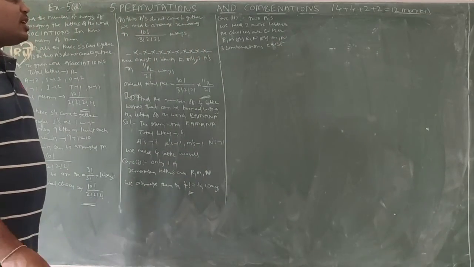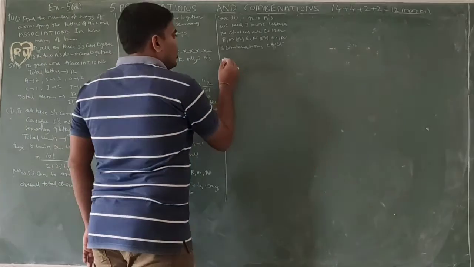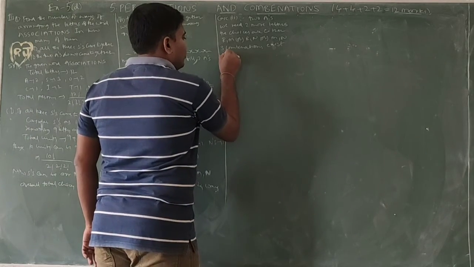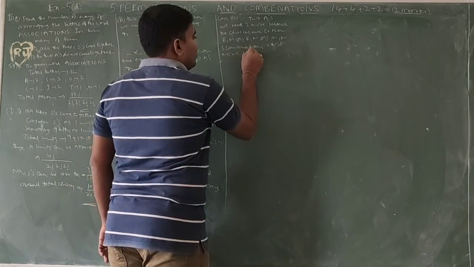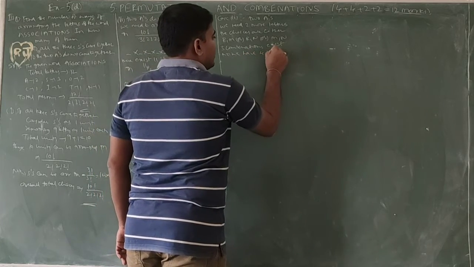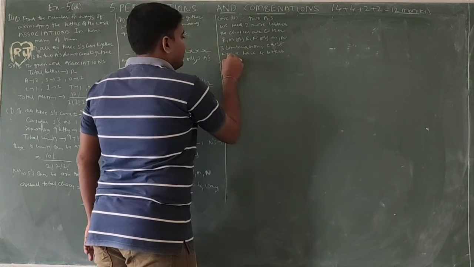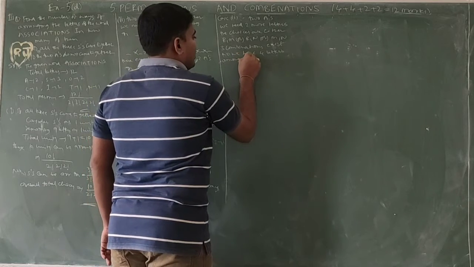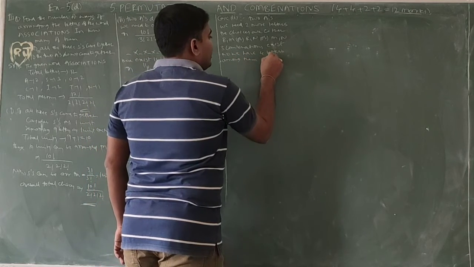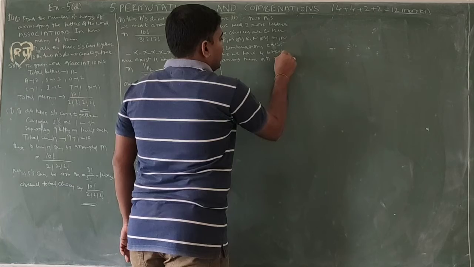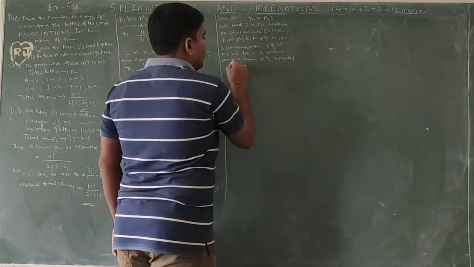If 3 combinations exist, now we have 4 letters. Among them, A is repeated 2 times.